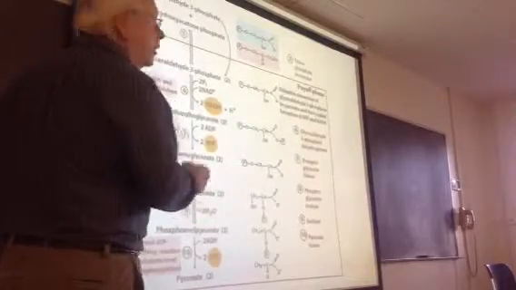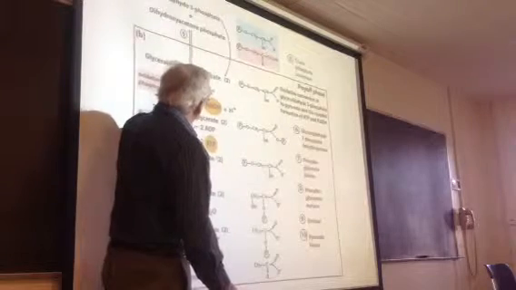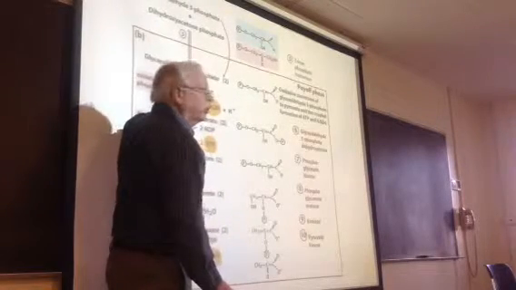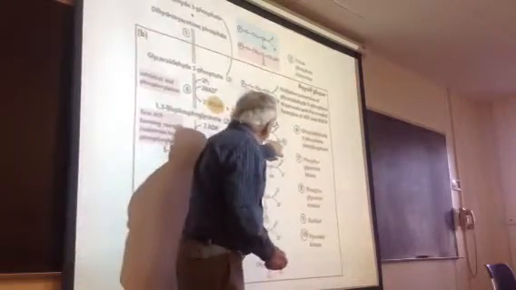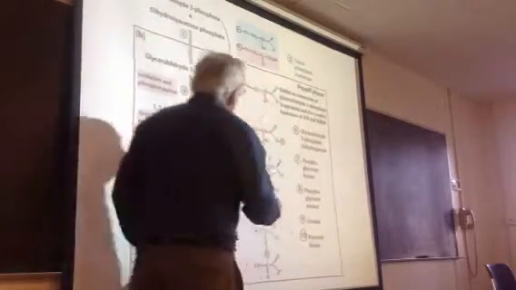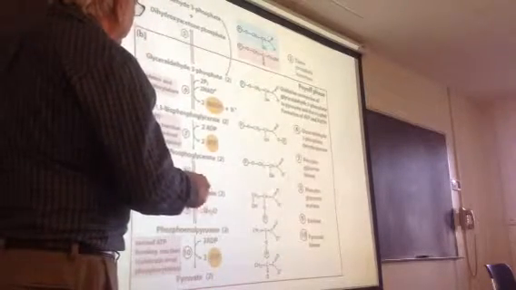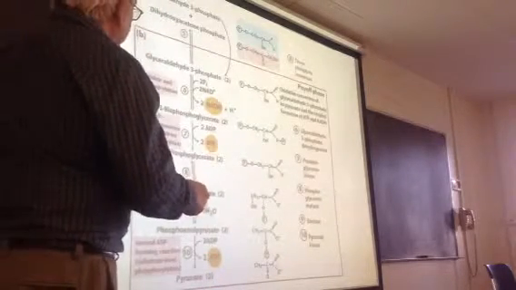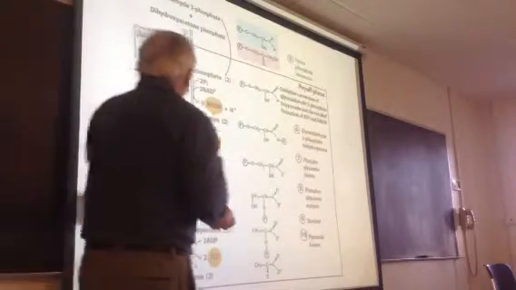Where does the phosphate come from? This is different from before. Instead of ATP donating the phosphate, it's just simple inorganic phosphate from solution being added on to the carboxylic acid. This makes this a high energy phosphate, this oxidation step. And this is where substrate level phosphorylation comes in.